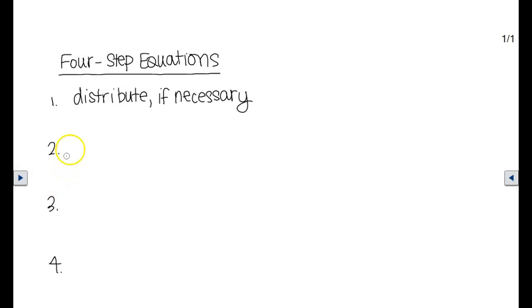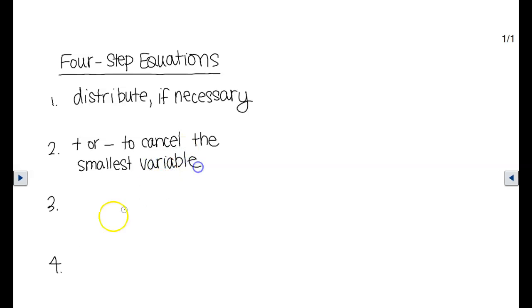Step two is to add or subtract, to cancel the smallest variable. All right. Step three is to undo addition or subtraction. And then step four is to undo multiplication or division.